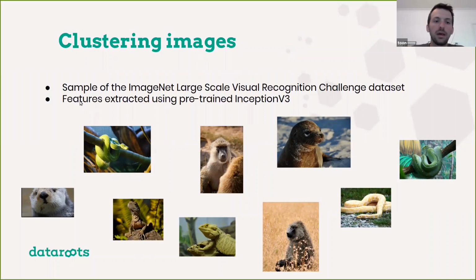And then I also want to highlight in this case, we're not going to cluster the raw pixel values. We're going to cluster based on features extracted using a pre-trained inception network. So, of course, we want the semi-supervised clustering system to be as black box as possible, but still we have to make some sensible decisions here about how to represent our images.